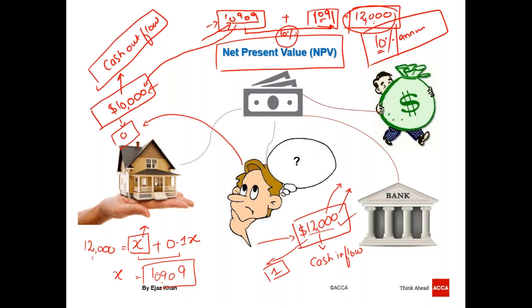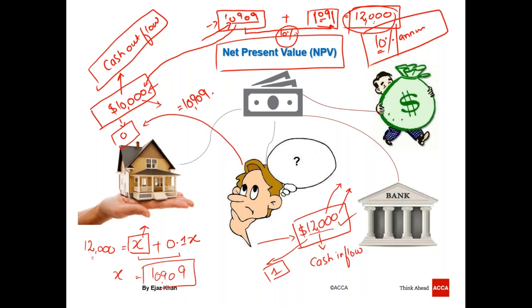According to the example, the actual required investment is $10,000, whereas the maximum that this company can afford to invest is $10,909. Even if the company invests $10,909, it won't be at a loss. It will be exactly able to recover its investment and return on investment.